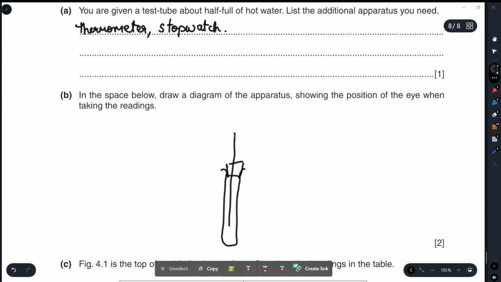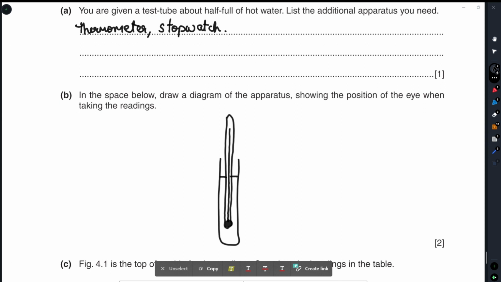You've got your thermometer. Maybe it's not even corked. Again, cork is not mentioned, so we're not going to draw that. Test tube. You've got your thermometer inside. You've got your hot water, and maybe the thermometer's thread. Yeah, the bulb will come in. So this right here is the bulb of the thermometer. Again, you don't have to be that accurate. So we draw the diagram.